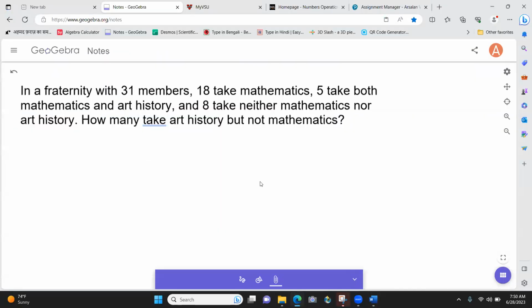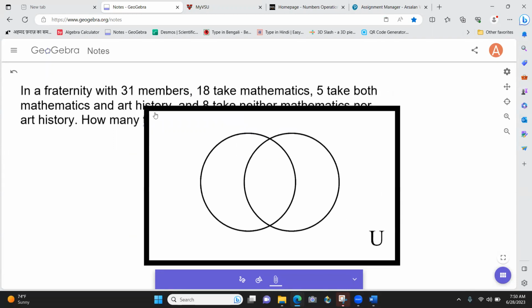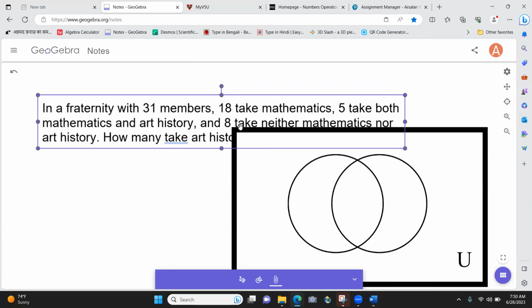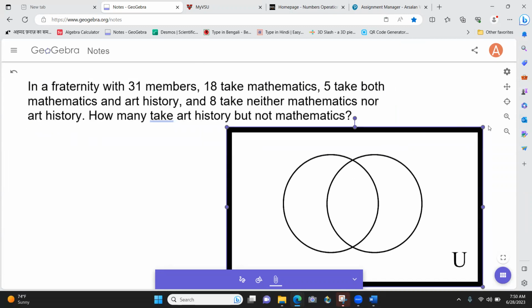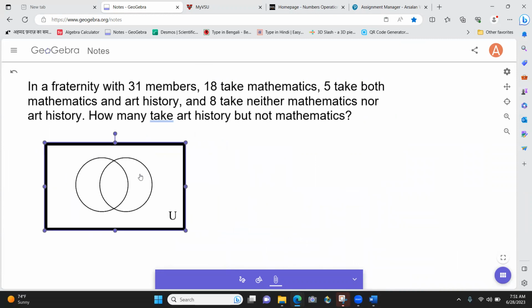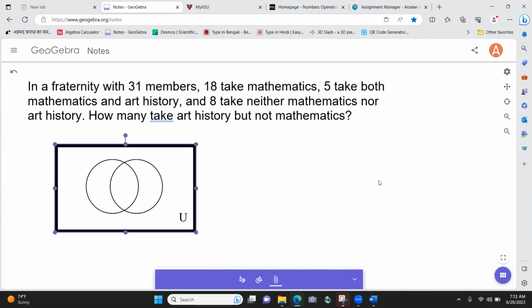A two-set Venn involves a Venn diagram with only two sets. And we're talking about a fraternity group, 31 fraternity members. They take mathematics and art history. Some take both. Okay. So we're talking about math and art history.